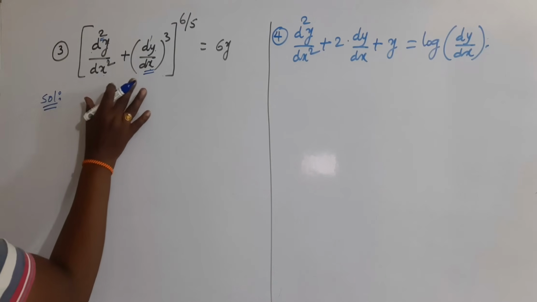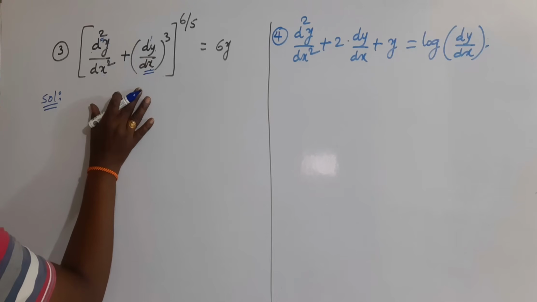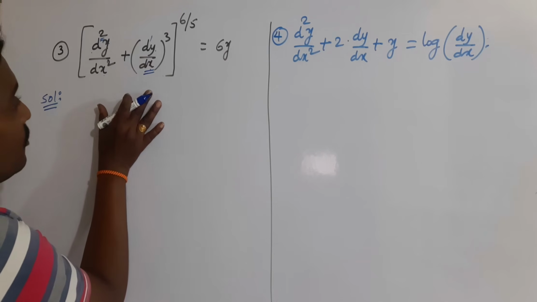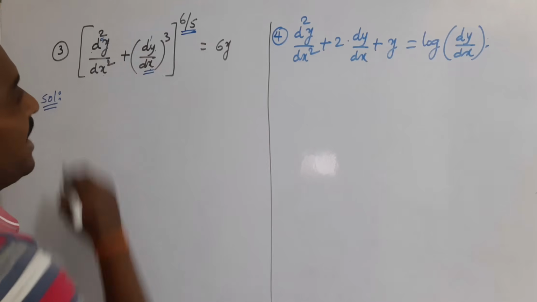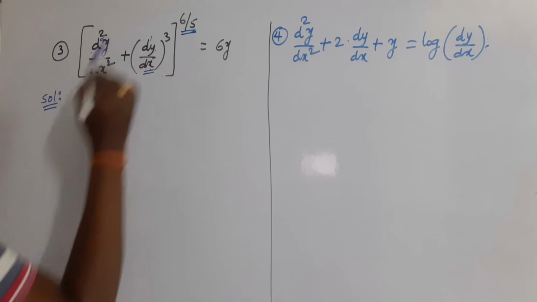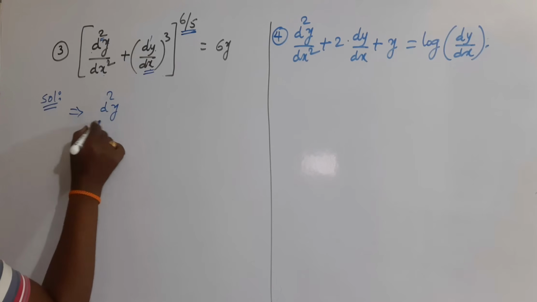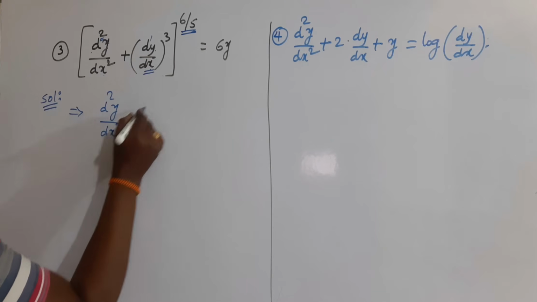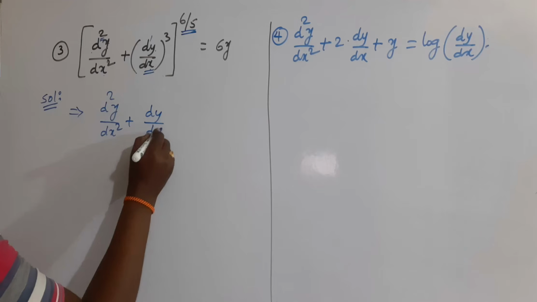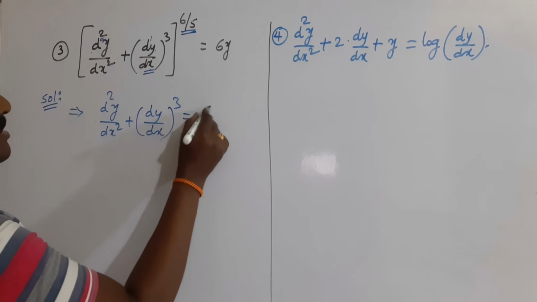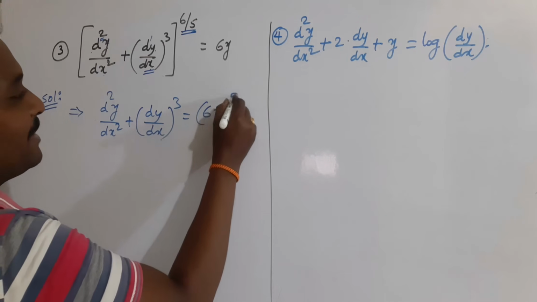So to decide the degree of the given differential equation, we should remove this type of radicals. These are known as radical powers. For this, I will write this equation as d square y by dx square plus dy by dx whole cube is equal to 6/5 whole power 5 by 6.